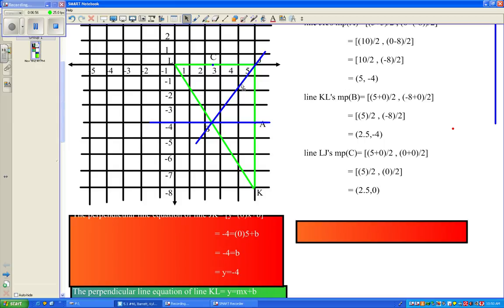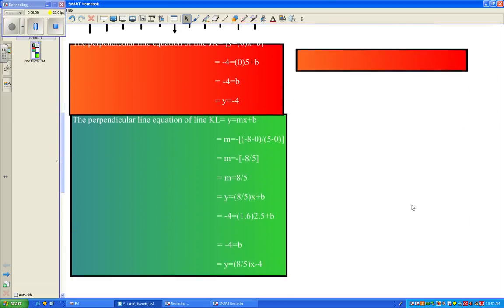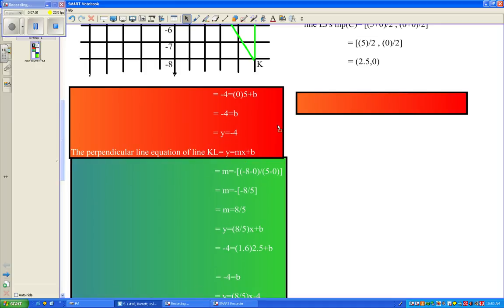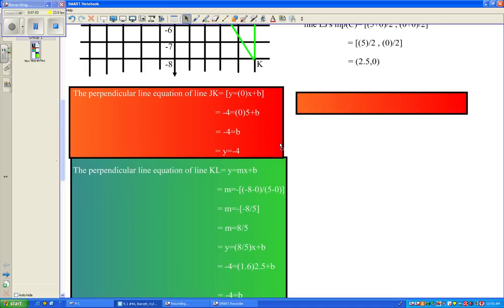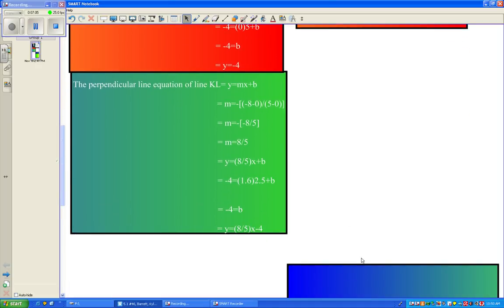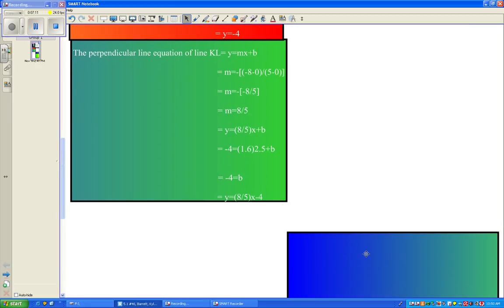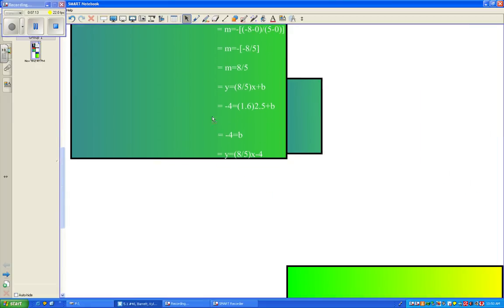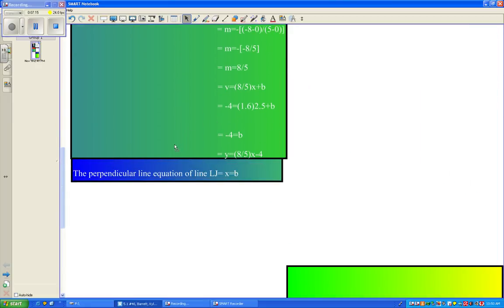So now we're going to find the last line's equation, and that's line LJ. That equation is x equals b, because it has an undefined slope.